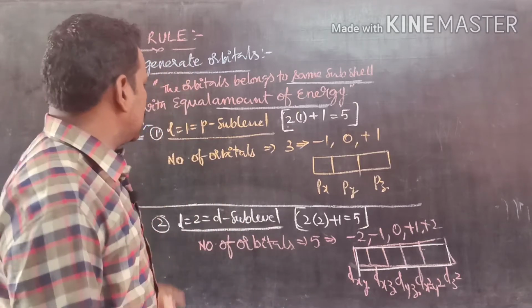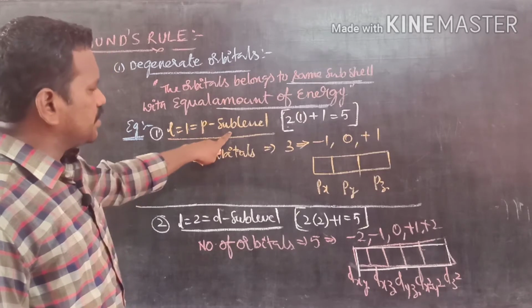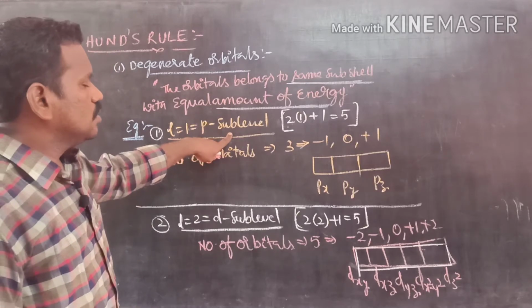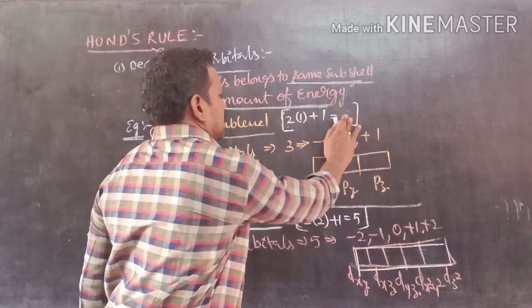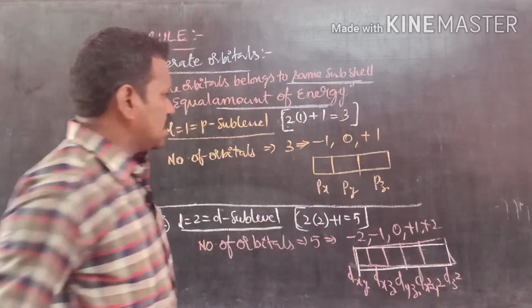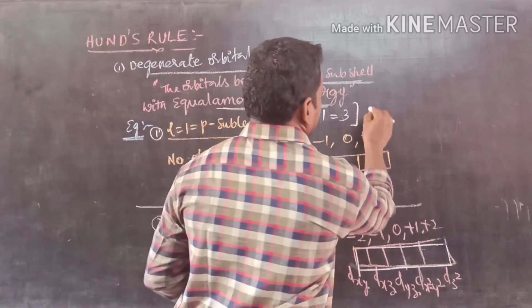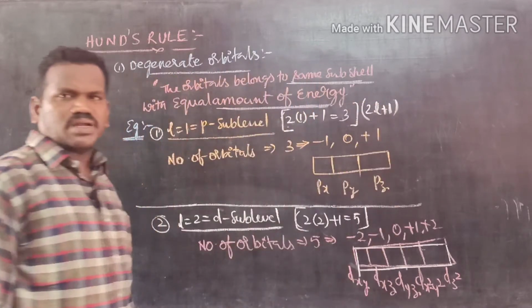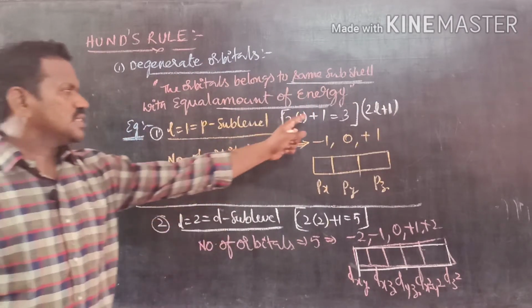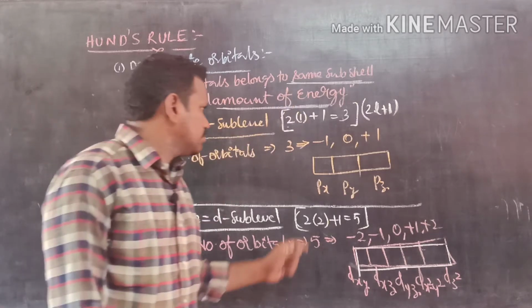See here, example 1. l is equal to 1, that is the p sublevel. How many orbitals are there? It contains 3 orbitals, by applying the formula 2l plus 1. This is the formula for the number of orbitals present in a sublevel as per the magnetic quantum number.